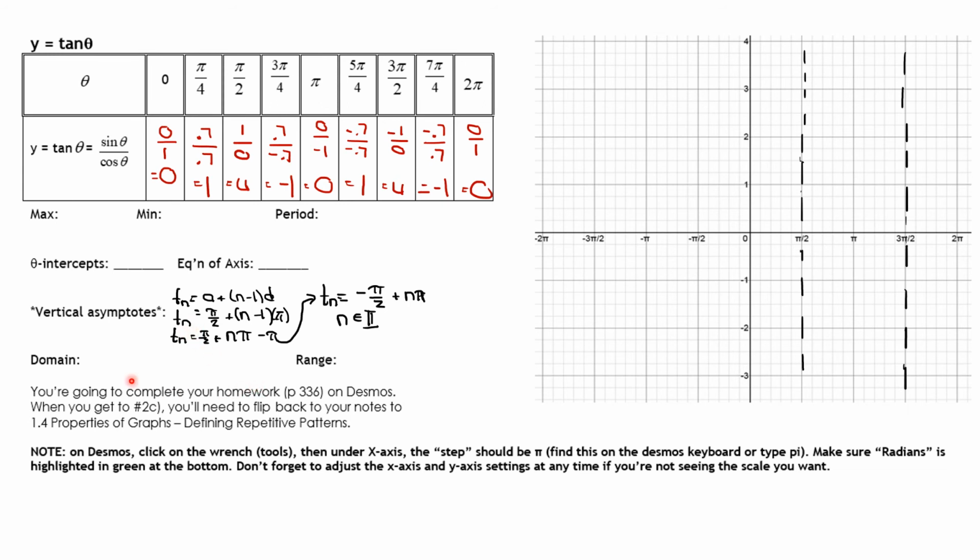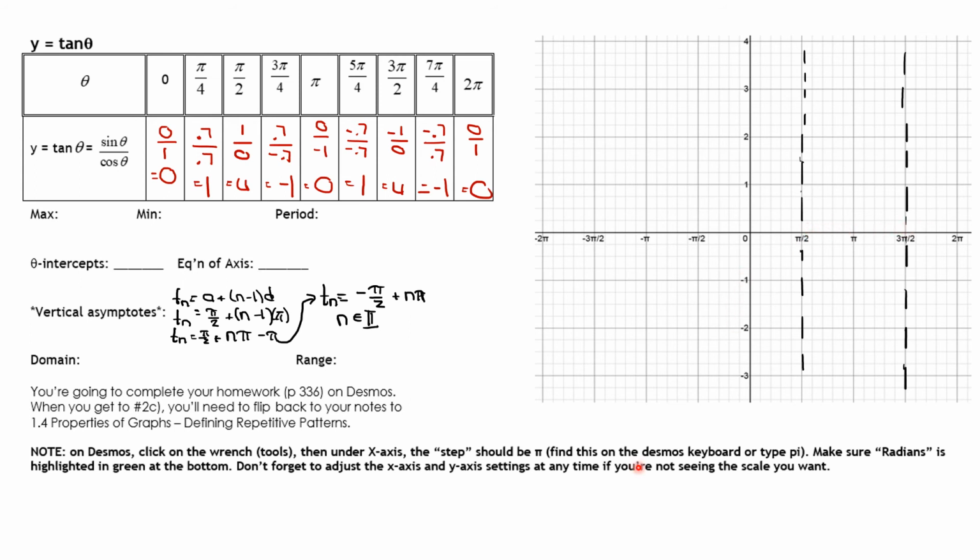So when we get to the domain, it is going to be x is an element of real numbers such that x cannot equal, and then I'm just going to write this thing out here because it can't equal any of those locations. There are other ways to write the formula too. So again, if the back of the book is different, or if you came up with one on your own, which is certainly possible, you can see a pattern right here and you can say, well, I'm going to write a little formula here.